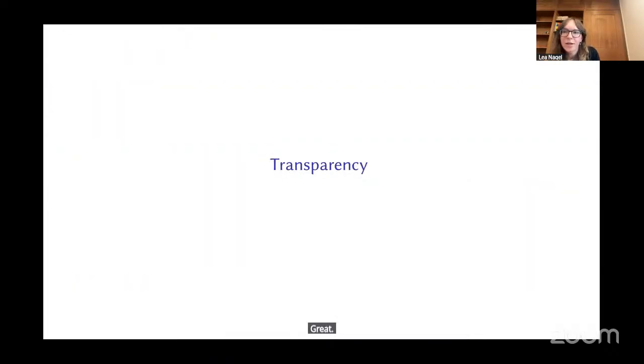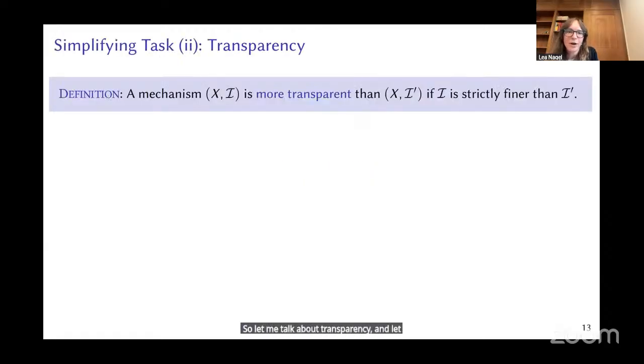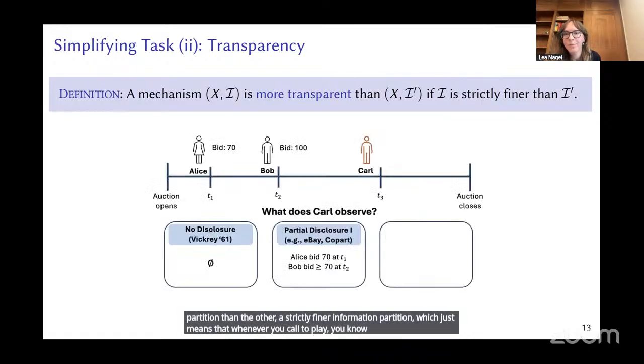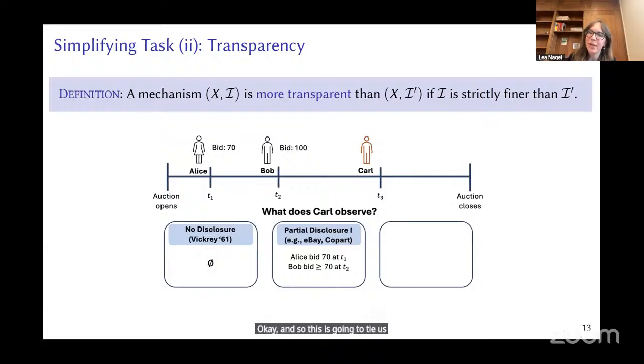Okay. So let me talk about transparency, and let me go back to the example from the introduction. We're going to say that a mechanism is more transparent than another if they share the same game tree, and one has a strictly finer information partition than the other, which just means that whenever you're called to play, you know weakly more about what's going on. This ties us back to the example from the introduction.